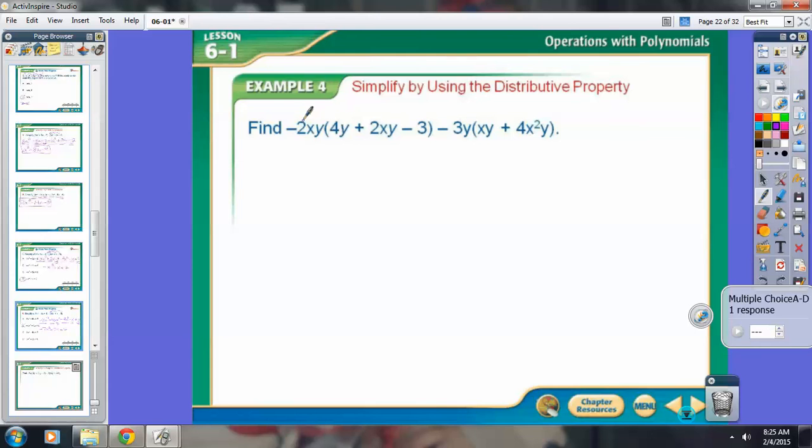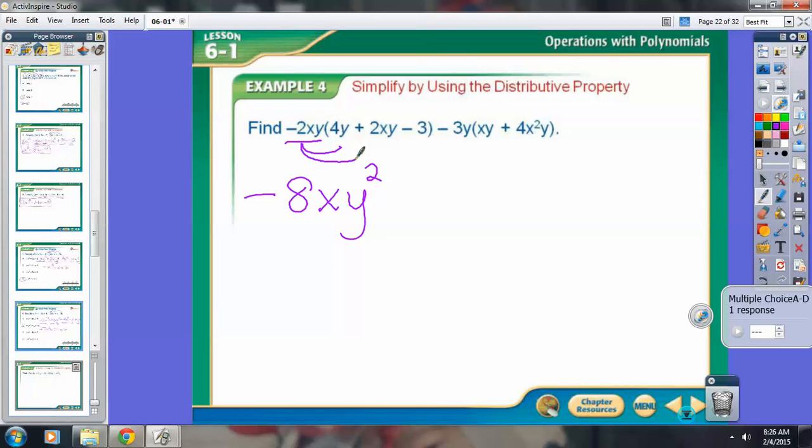So in this case, when I'm distributing, I've got to think about that as I distribute. So negative 2x, I'm taking negative 2xy times everything in the first parenthesis. Negative 2xy times 4y. Negative 2 times 4 is negative 8 x y to what power? The second.